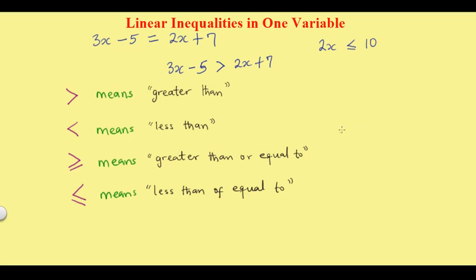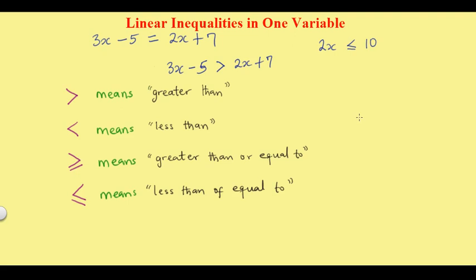We can then proceed to solving problems involving linear inequalities. How then do we solve problems in linear inequalities? So simple, just the way we solve problems in our linear equation.